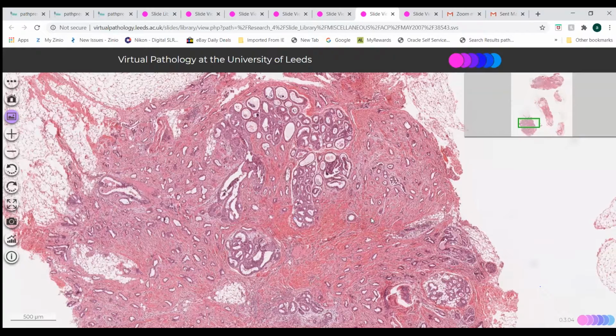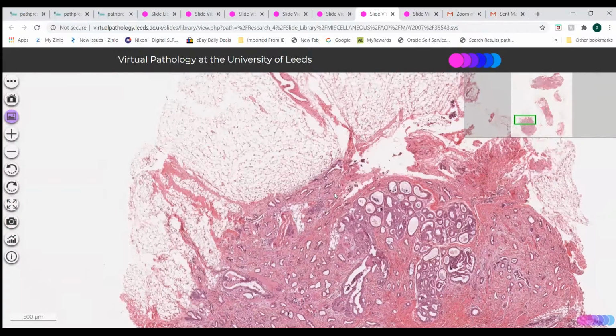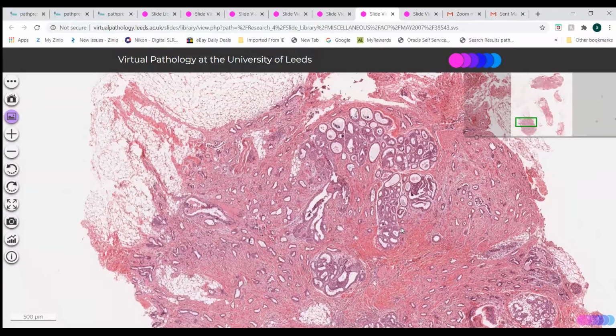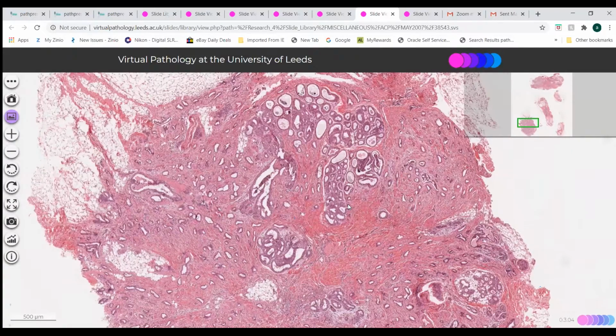If you see a margin, you will have to measure it, say the distance to the inked margin. The other thing is that you need to grade the tumor.